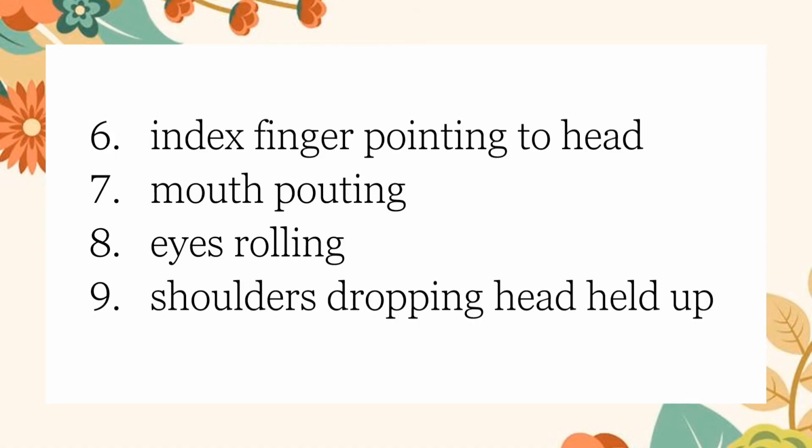Index finger pointing to head, or you're trying to think. Mouth pouting, eyes rolling, and shoulders dropping, head held up. So those are some of the bodily movements or body gestures that you can also use, and we often use.